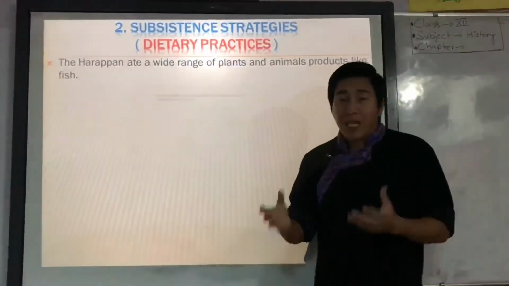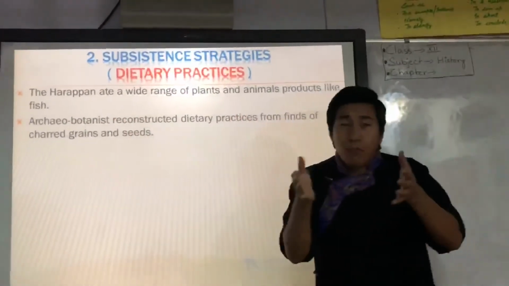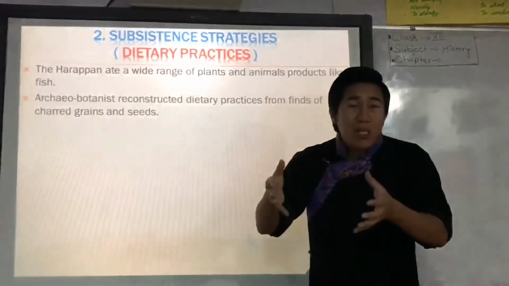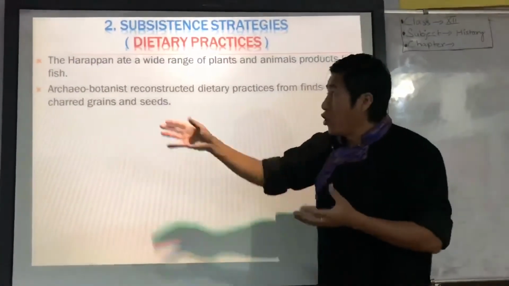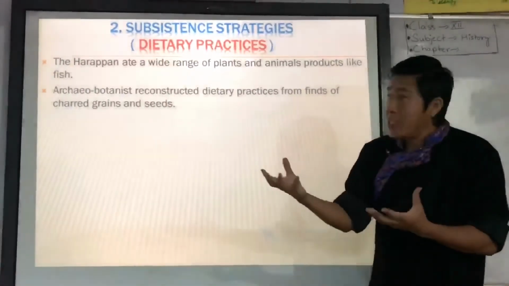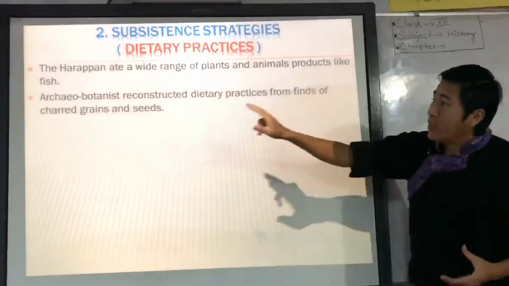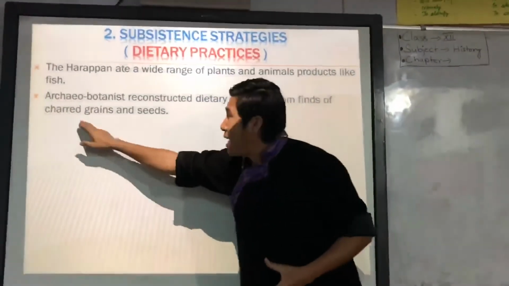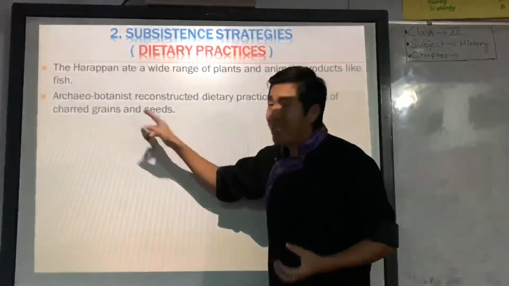We got this kind of evidence from archaeobotany. Archaeobotany is a branch of archaeology which deals with the study of ancient plant remains. With the help of archaeobotanists, we reconstruct the dietary practice from the finds of charred grain and seed. Charred here refers to burnt or fried grains and seeds.